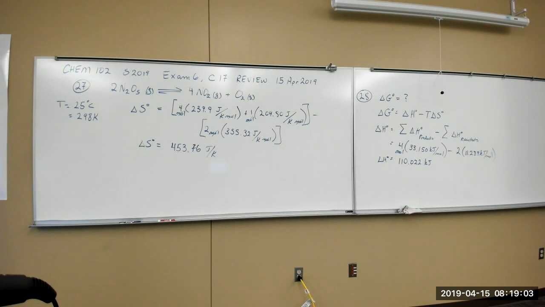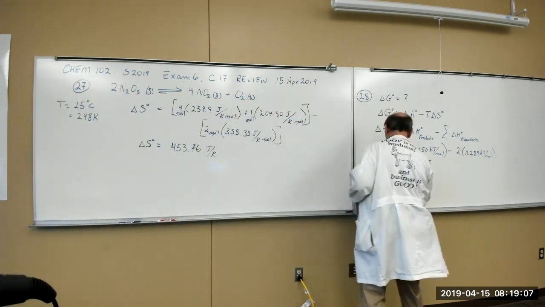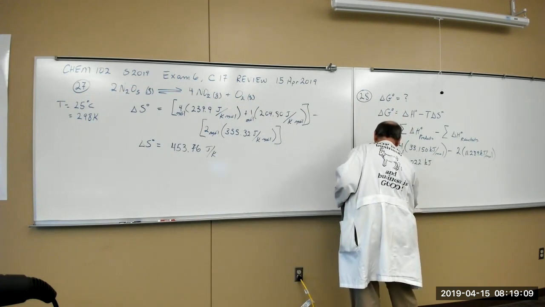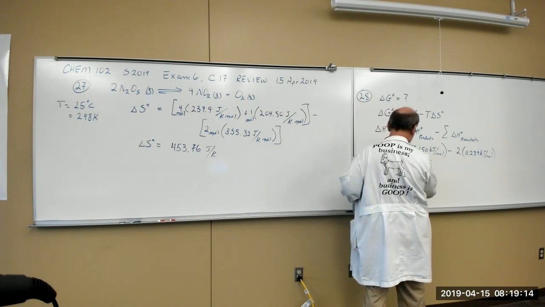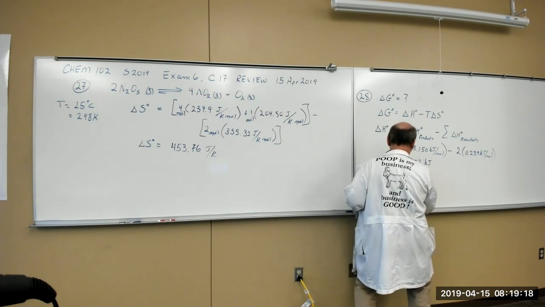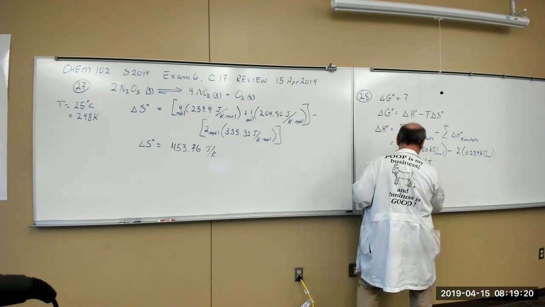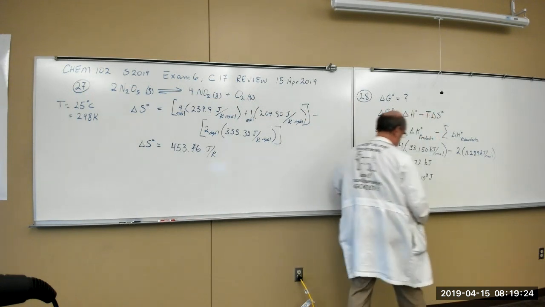And then delta G, we solved this equation for delta G. So delta H is going to be this, but that's kilojoules, right? So I just do it like this, times 10 to the third joules.